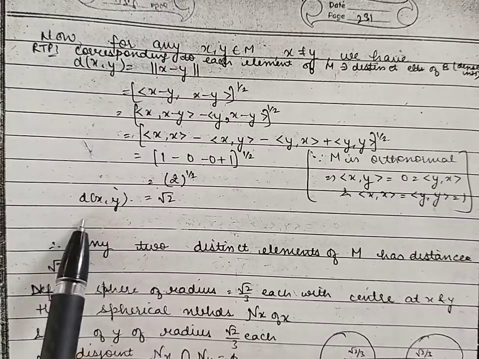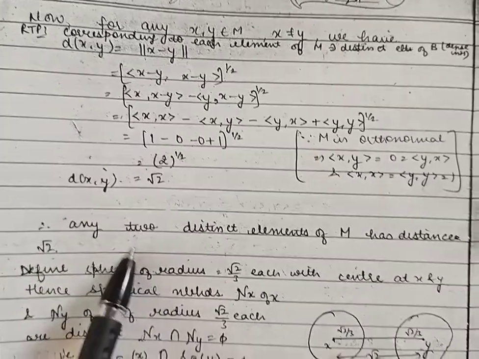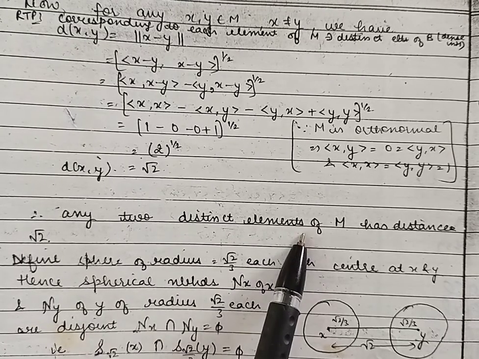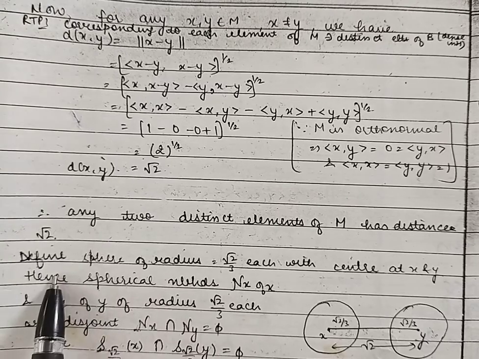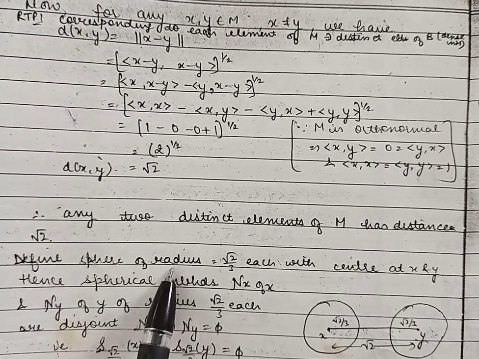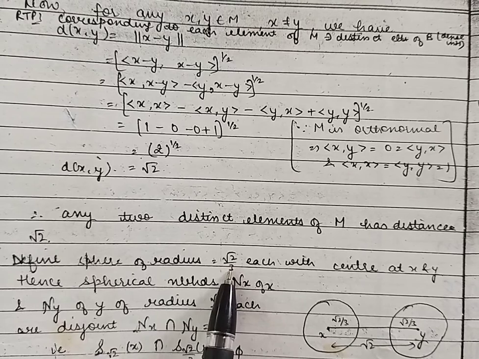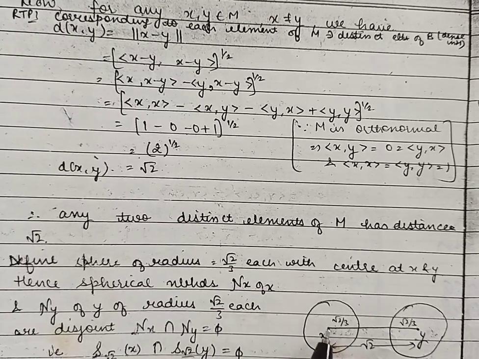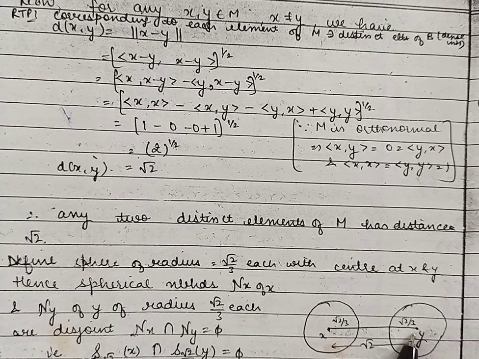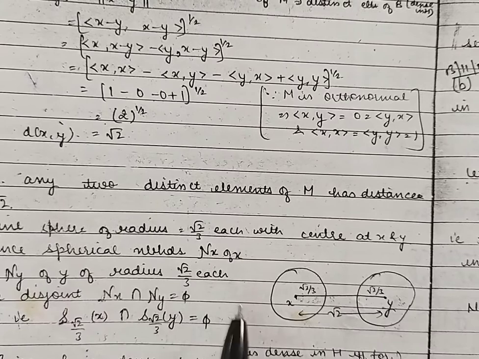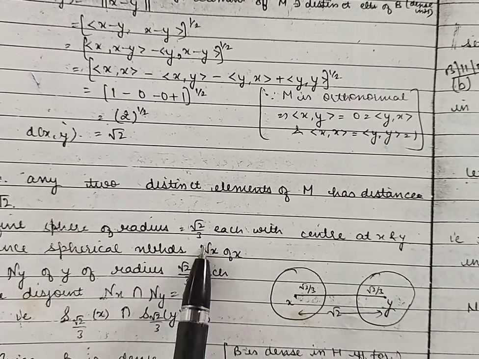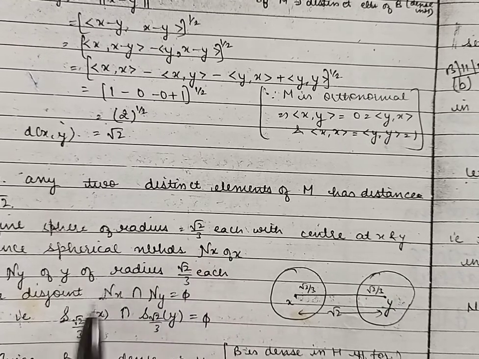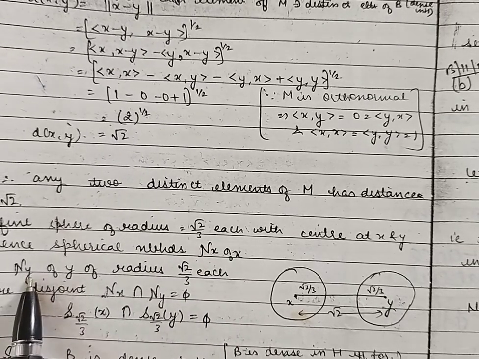Thus if we take any two distinct elements in the set M, they have distance root 2. Now let us define two spheres of radius root 2 by 3, one with center X and the other with center Y, which are the spherical neighborhoods of X and Y. The spherical neighborhood of X is denoted by Nx, and that of Y by Ny.